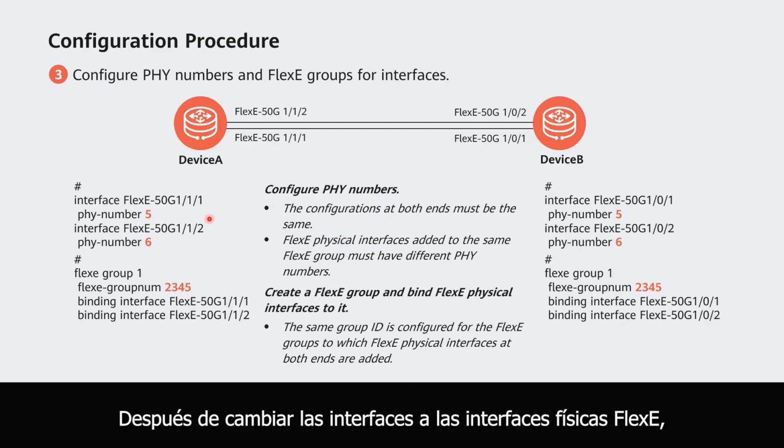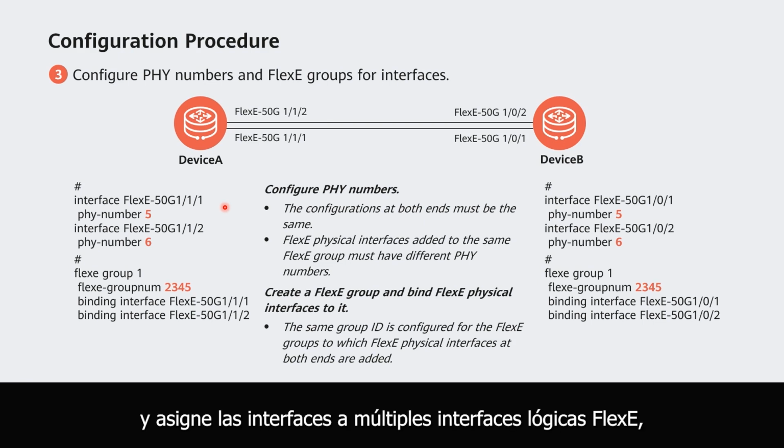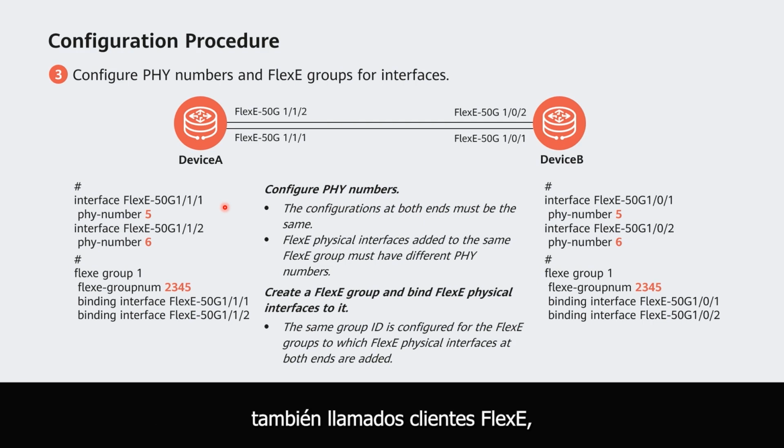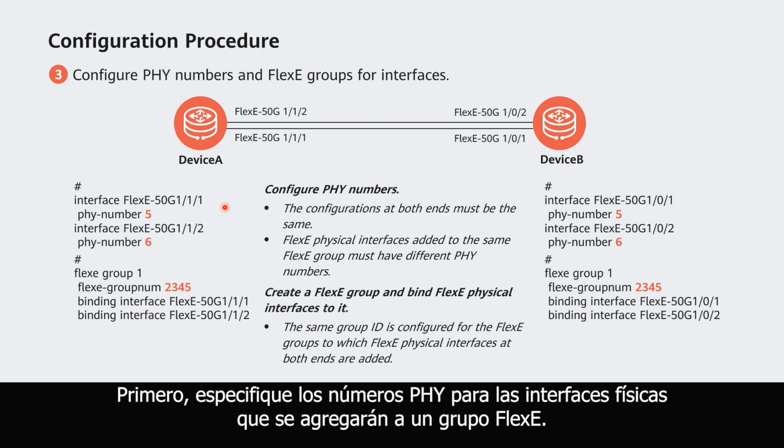After switching interfaces to FlexE physical interfaces, flexibly customize them. Specifically, add 1 or more physical interfaces to a FlexE group and map the interfaces to multiple FlexE logical interfaces, also called FlexE clients, with customizable bandwidth through timeslot scheduling. First, specify PHY numbers for the physical interfaces to be added to a FlexE group.